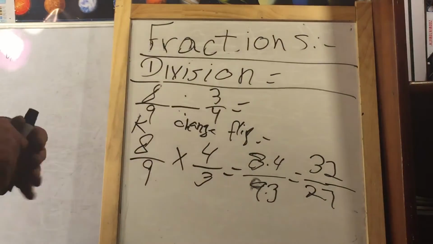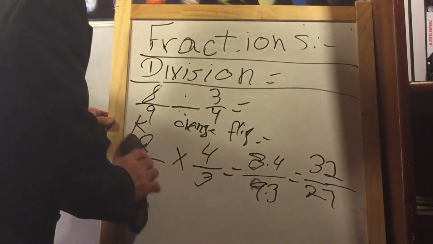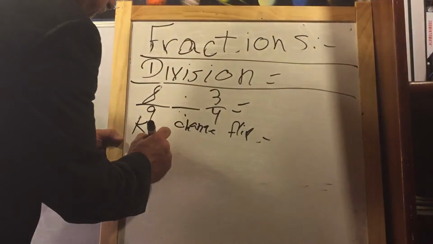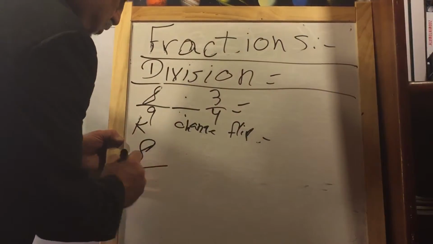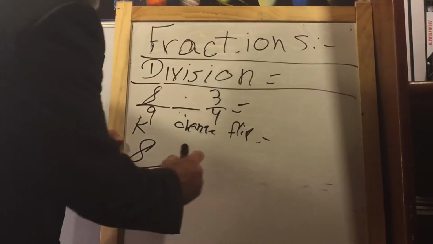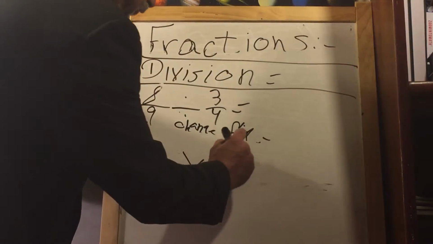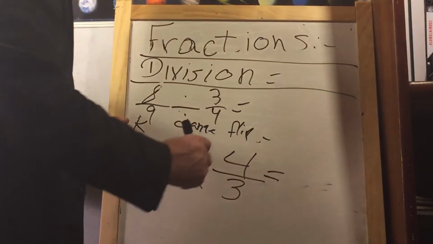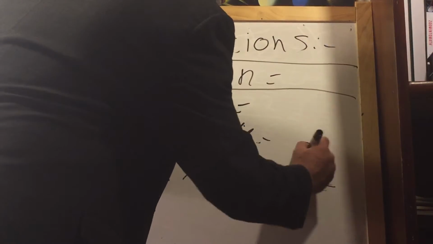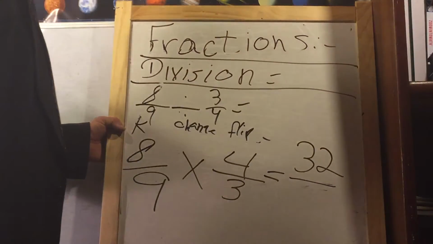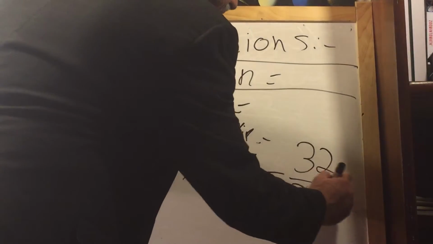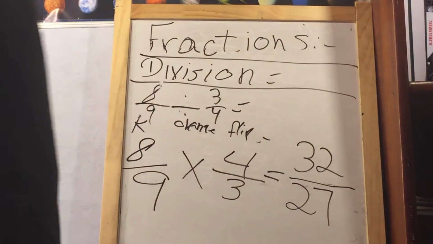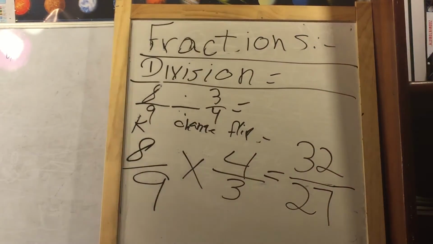Let me do it in a neater way. 8 over 9 times 4 over 3 equals 32 over 27.